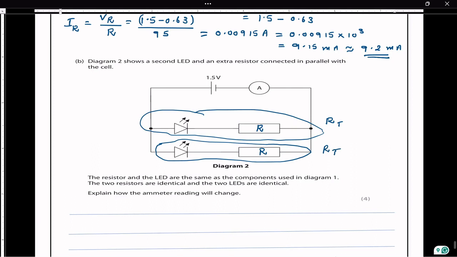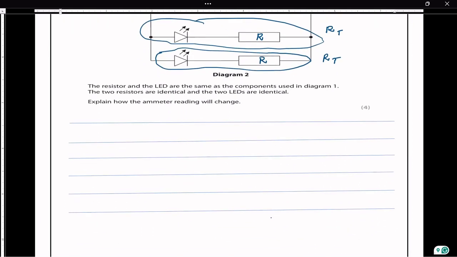Now let us compare. The first one is a one branch circuit and the next one is two branches.